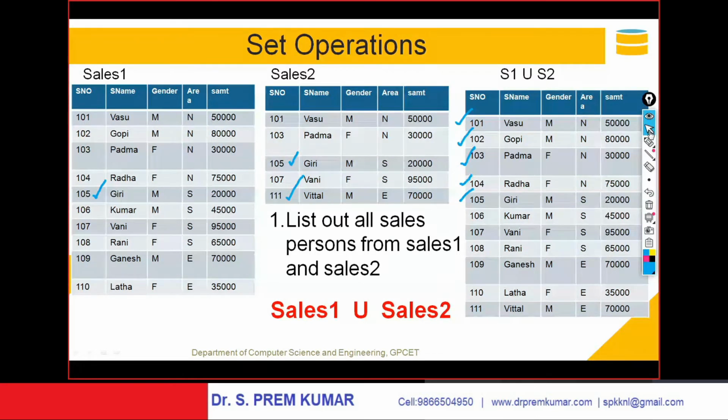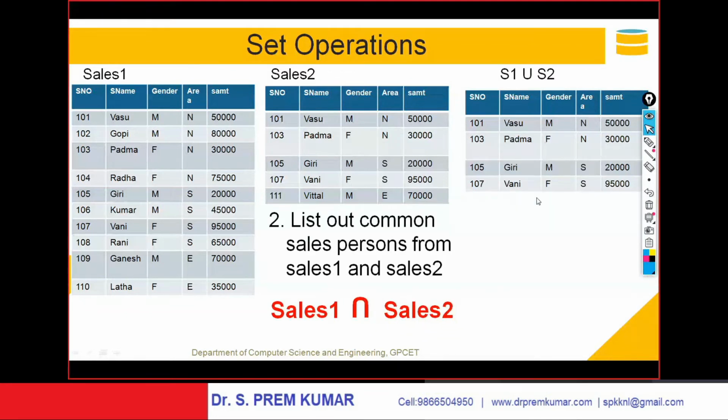Only practice; you get acquainted with the queries. The resultant of sales 1 union sales 2 gives you the complete set, that is 101 to 110, and also 111. Let us go ahead with the next query.